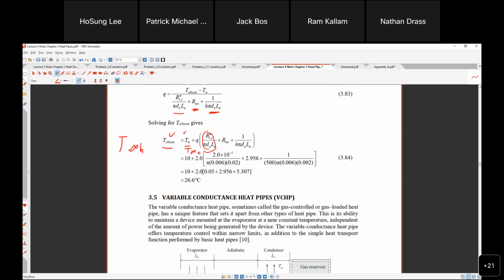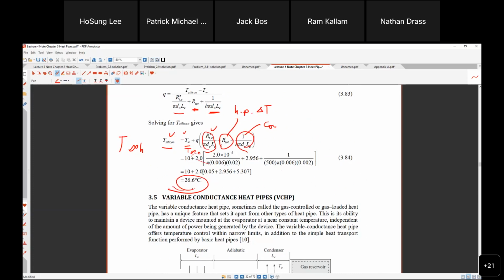So I have to include the contact. I have to include the convection. Also, this is the heat pipe temperature difference. So plugging in, they calculated using a fluid temperature, cold side.